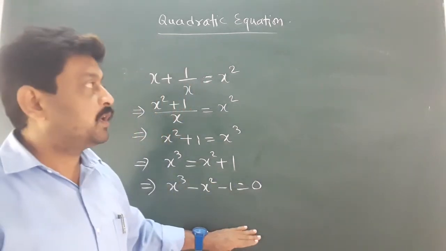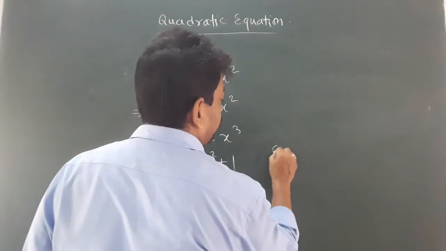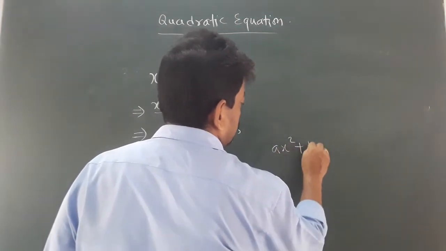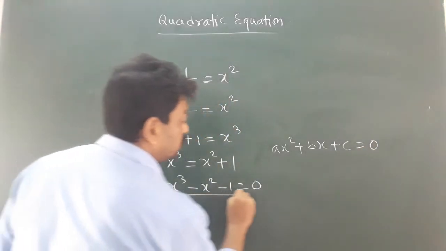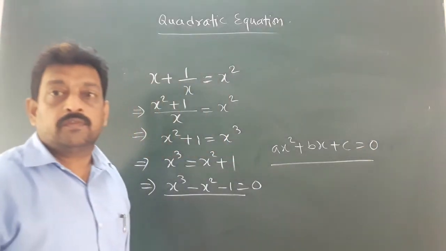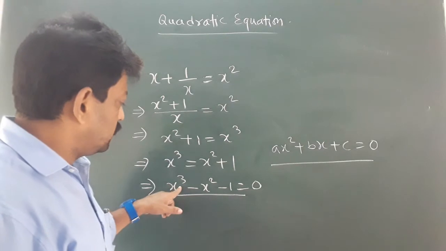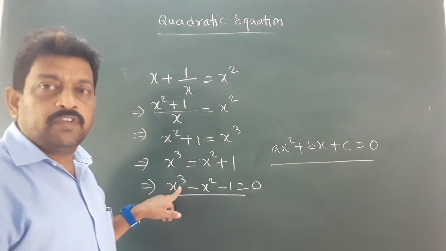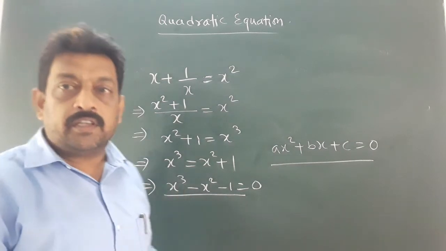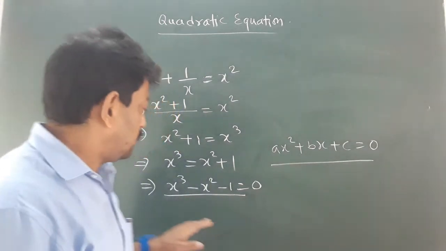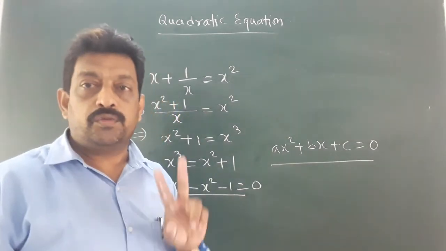Right hand side is 0 now. Now compare with the general form, the standard form. Is this equation matching with this one? Of course not. Here the power of the variable is 3, but we have learned in case of quadratic equation the power of the variable should be 2 only.